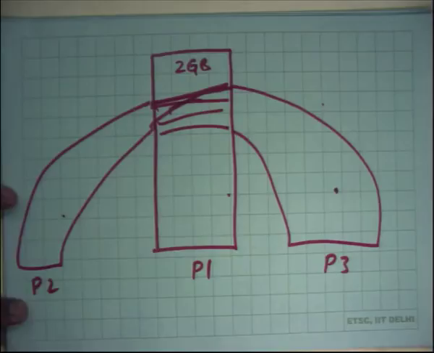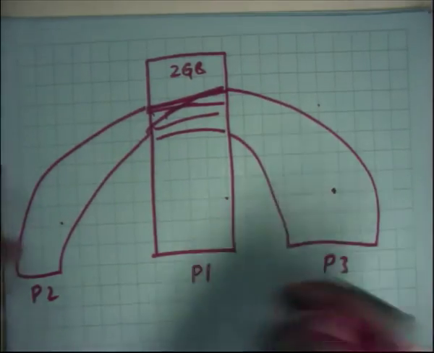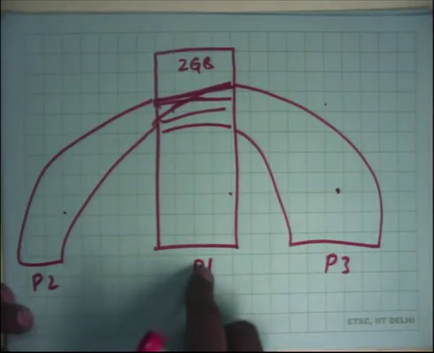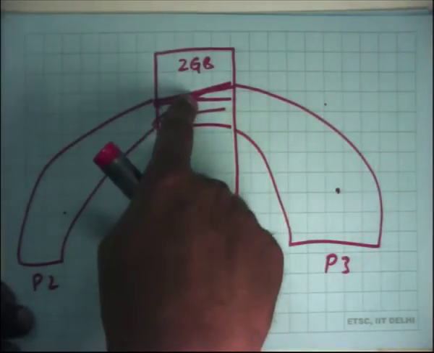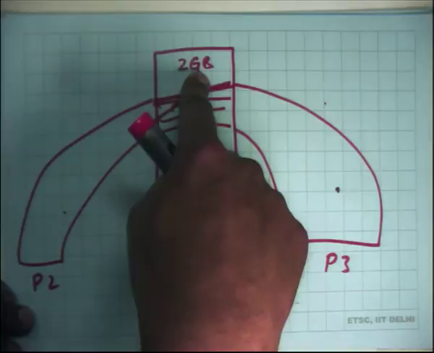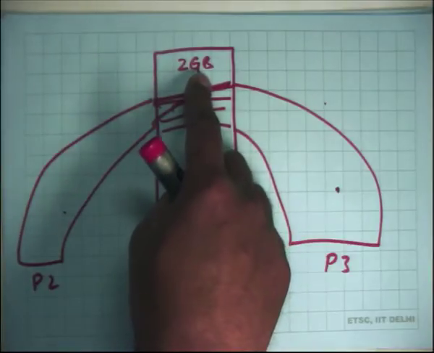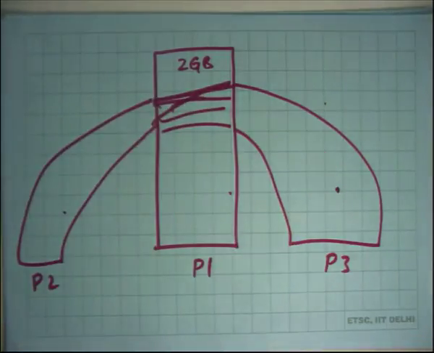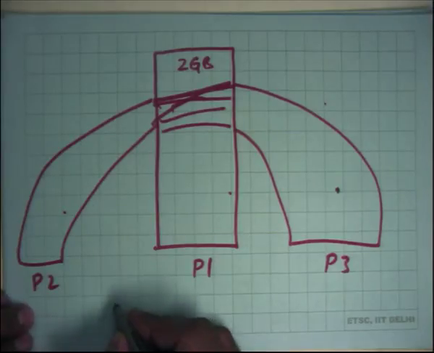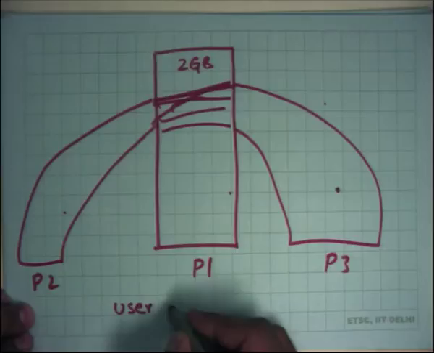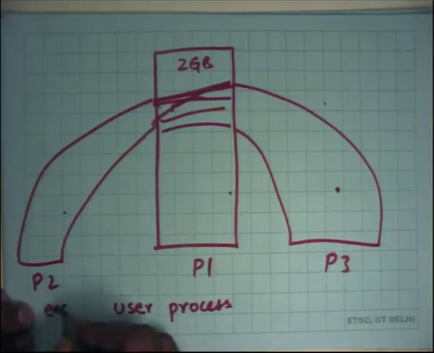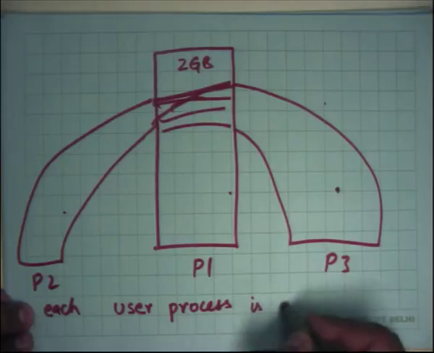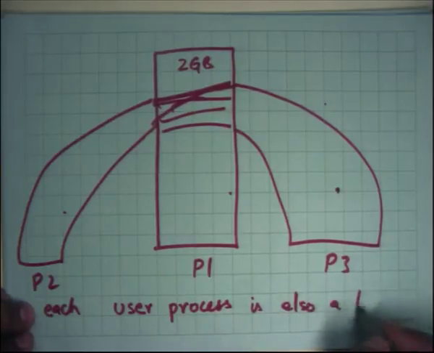What that means is if process P1 makes any change on the kernel side, then process P2 will see it immediately because they are sharing the address space at the kernel side. So another way to say this is that each user process is also a kernel thread.